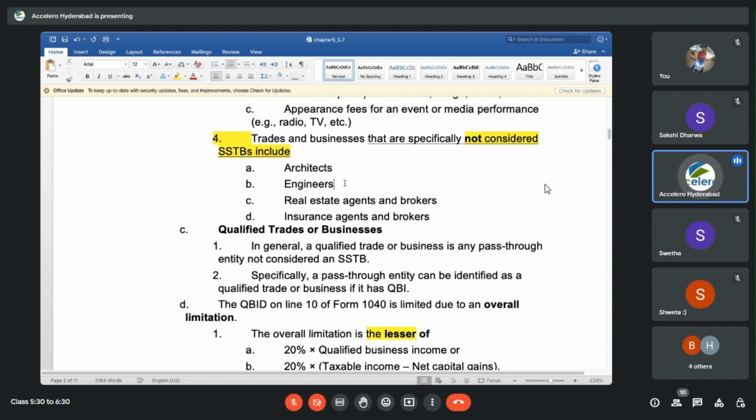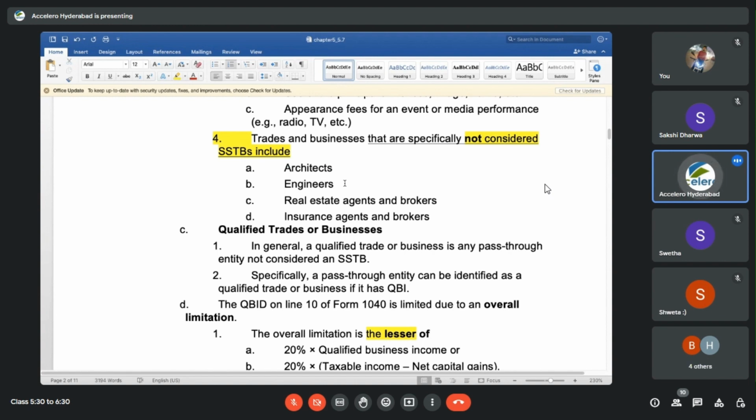But for some reason, they're not considered SSTB. Real estate agent and broker, insurance agent and broker, that we can understand, even though there are certain exams that people in the US need to write to become a real estate agent. Not like anybody can go and say, I know a buyer, I know a seller, I'll make you both meet, do the transaction, give me my commission.